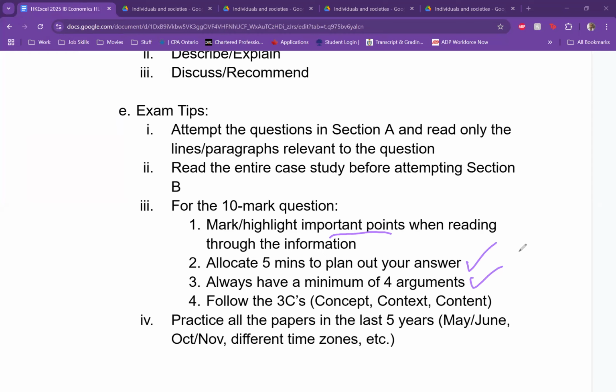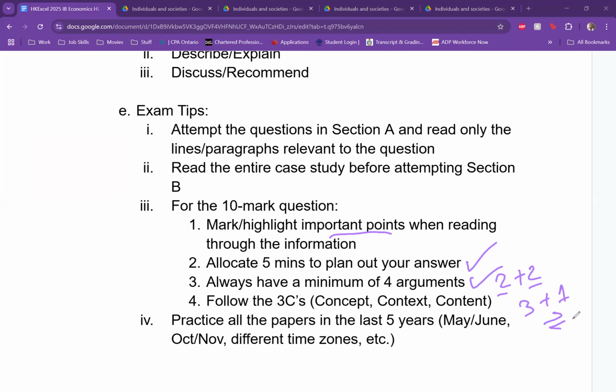Usually, these arguments should be balanced in terms of 2 advantages and 2 disadvantages, or 2 arguments for, 2 arguments against. However, that may not always be the case. Sometimes you might make 3 advantages and 1 disadvantage, or vice versa.